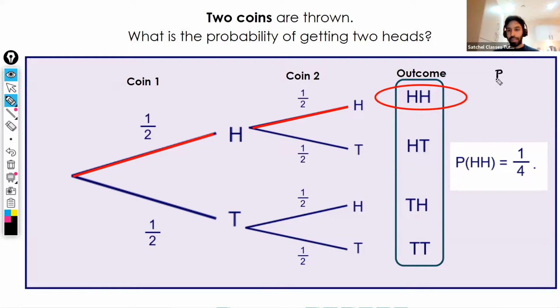So the probability would be a half multiplied by a half, which still gives us a quarter. So the reason why I did this was to show you why, as we go across our branches, the probabilities will be multiplied. Likewise here, if we wanted heads and tails, well, that's going to be a half multiplied by a half.